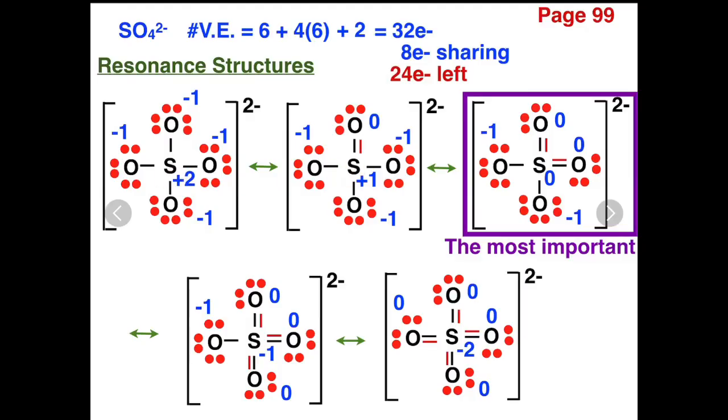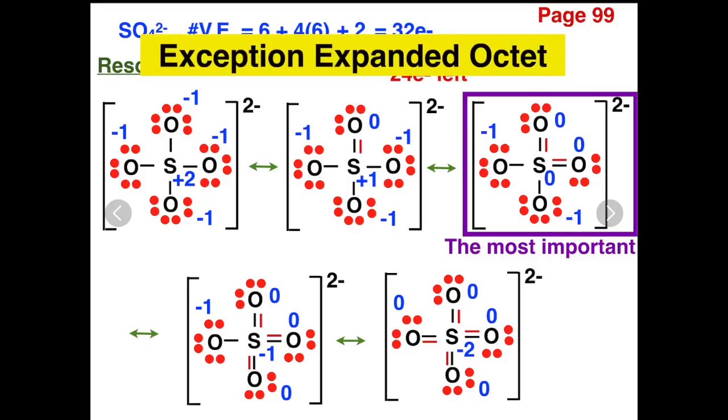But these 5 of them are resonance structures of each other. This again is the exception. It's called expanded octet. Expanded means more than or exceeding an octet. We're going to learn a little bit more in the next video about why sulfur can accommodate more than 8 electrons. We'll talk about that later.